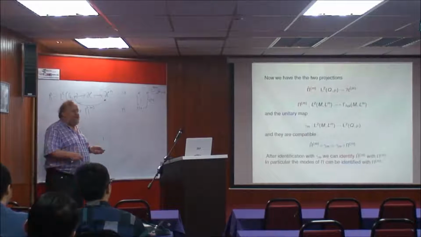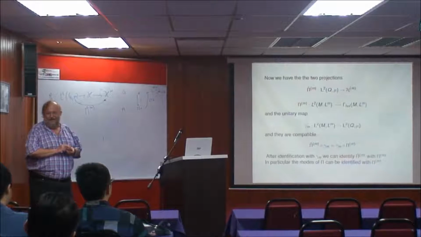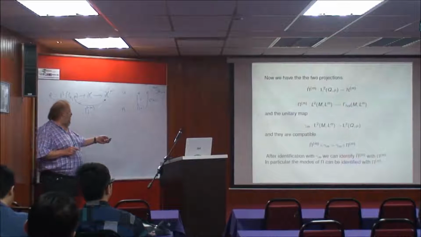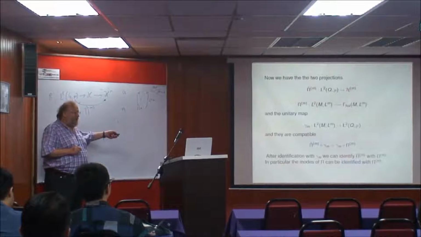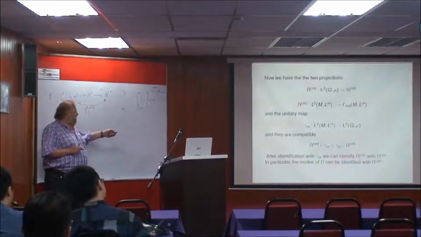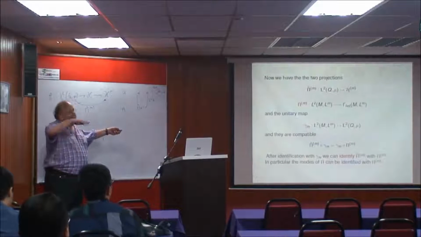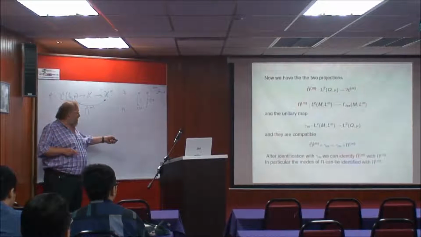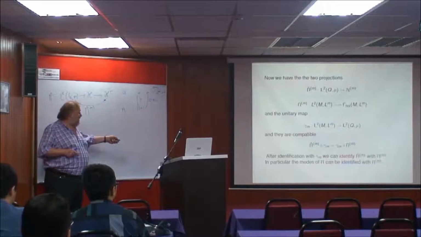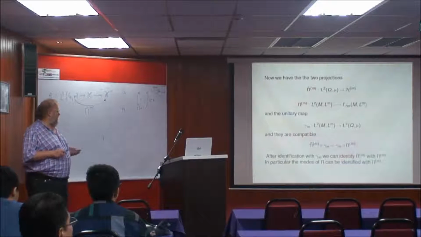This was the old projection from the day before yesterday, where we take all the infinity sections and project them down to the holomorphic sections of the bundle L. This is a projection in terms of functions on Q. For the sections, we have a unitary map which relates this space with a subspace of this, and indeed they are compatible.